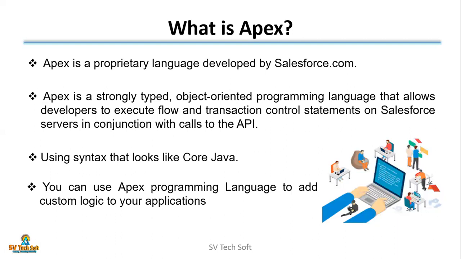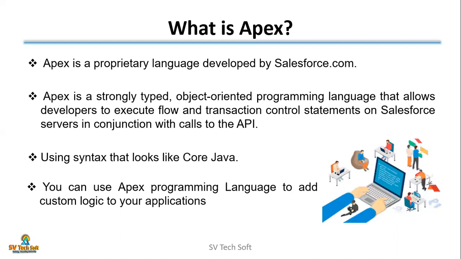What is Apex? Apex is a proprietary language developed by Salesforce.com. It is a strongly typed, object-oriented programming language that allows developers to execute flow and transactional control statements on the Salesforce server, in conjunction with calls to the API.